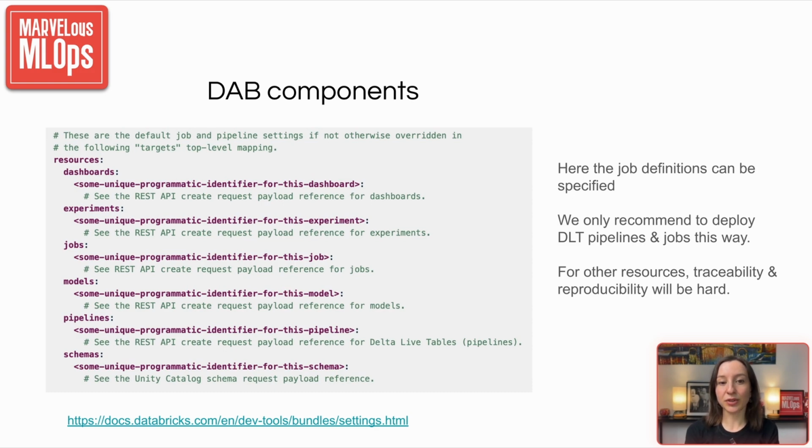And it is because for other resource types like dashboards, models, or schemas, tracking changes and ensuring reproducibility becomes difficult when they are deployed through bundles. So to keep things traceable and maintainable, use this block only for jobs or DLT pipelines, which benefit from being tightly version controlled.